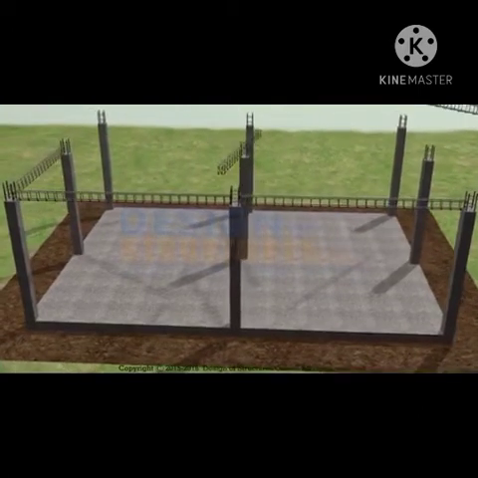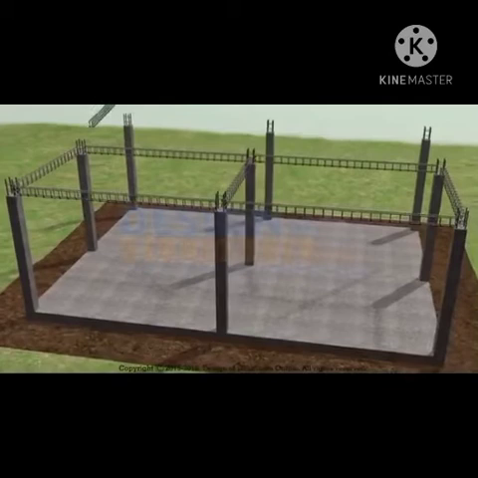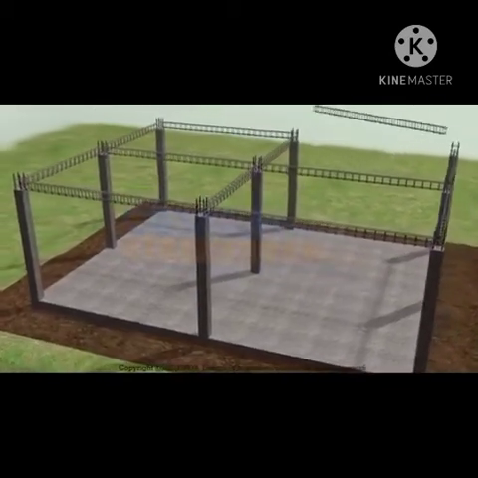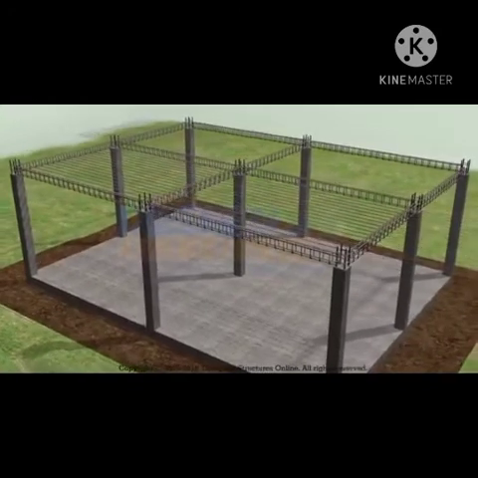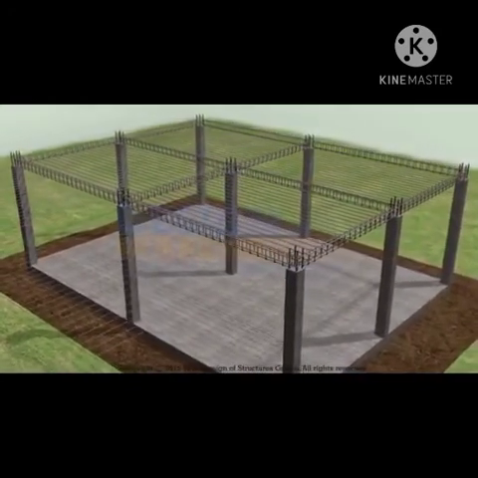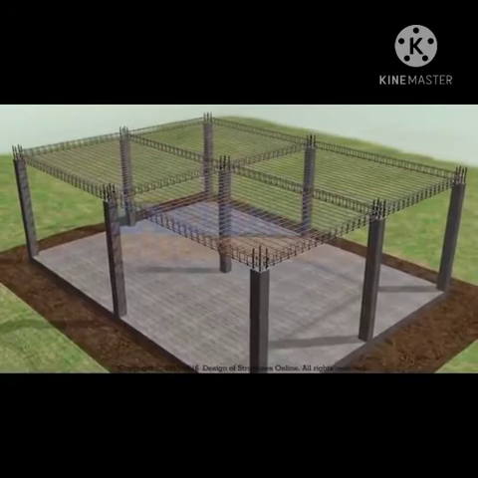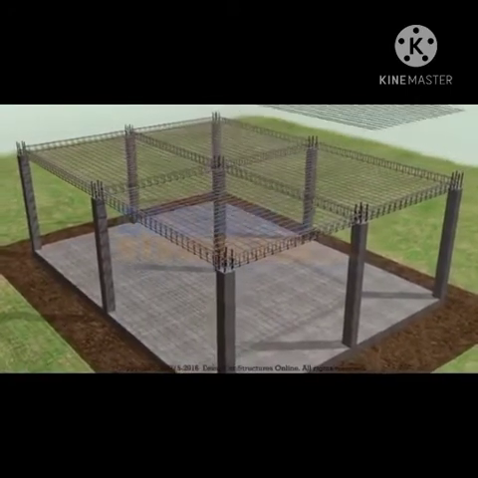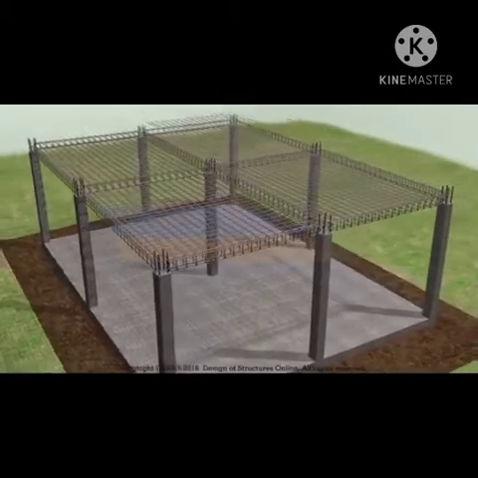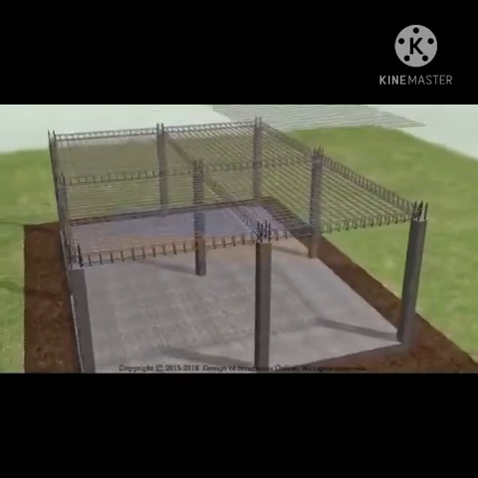Beam reinforcement shall be as per drawings. Slab reinforcement. Slab reinforcement shall be as per drawings. Main bars and distribution bars shall be placed as per design. Slab reinforcement should be properly anchored with beam bars.